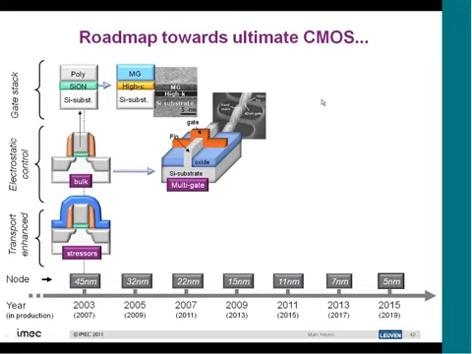So that brings me to the conclusion of this presentation. What is the roadmap that we see towards ultimate CMOS? Well, I think if you look over the last years, we have made a transition from strained silicon with SiON to high-K metal gates. Having the high-K metal gates, I think, was a big deal because we got rid of the silicon dioxide here.